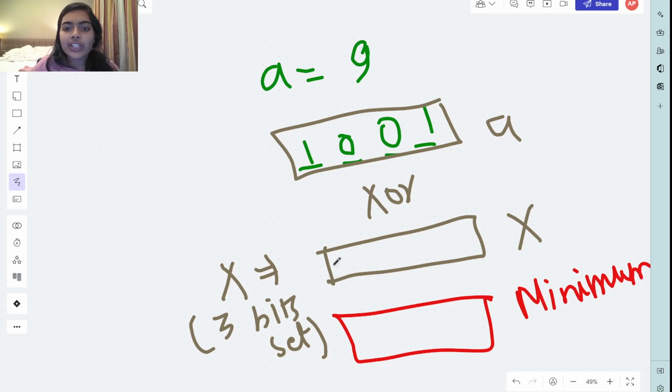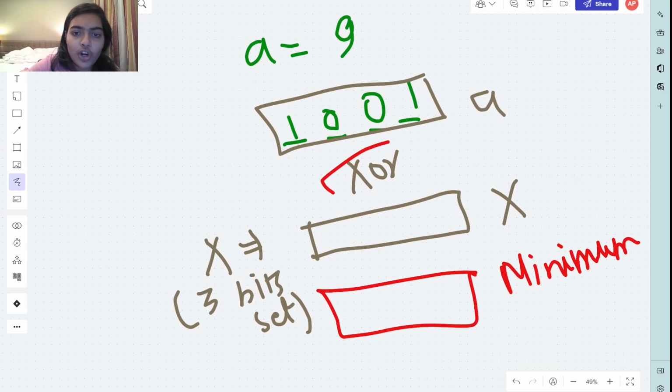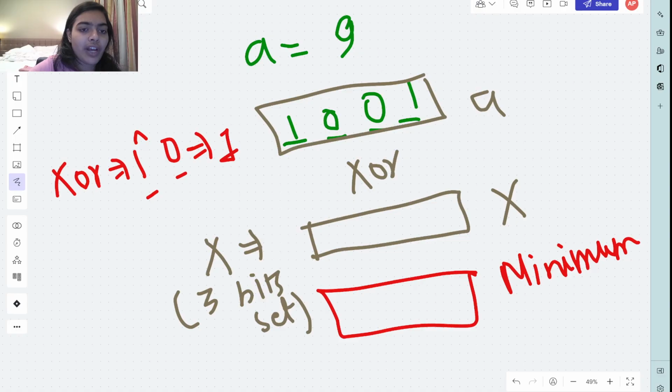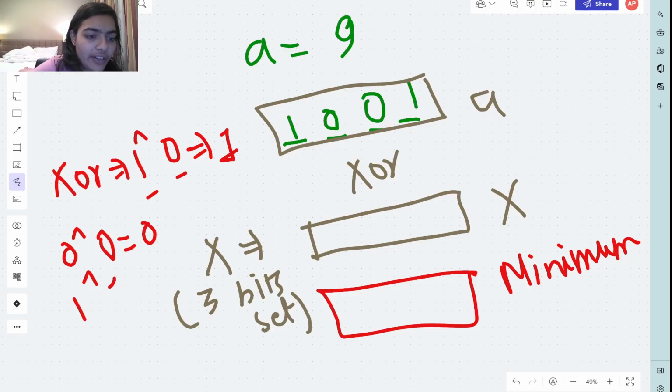Now first let's see what the XOR operator is. The XOR operator is very simple. Whenever you have different bits, for example 1 and 0, you get the output as 1. Whenever you have the same bits, for example 0 and 0 or 1 and 1, you get the output as 0.